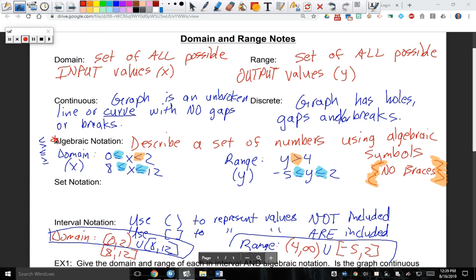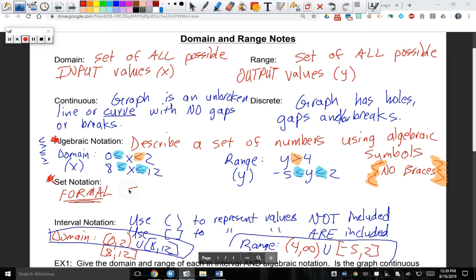We'll say that that's the algebraic, and the set notation is a formal type of algebraic. And this is for those of you who want to do theory and higher level math in college, okay? It's just saying this, like the domain that we looked at right here.